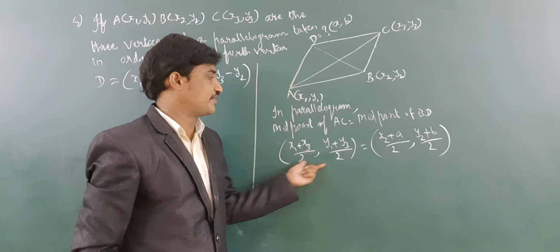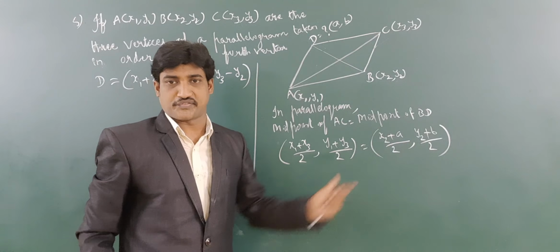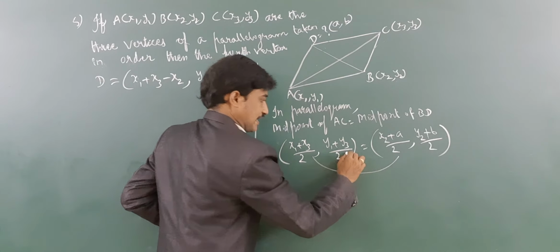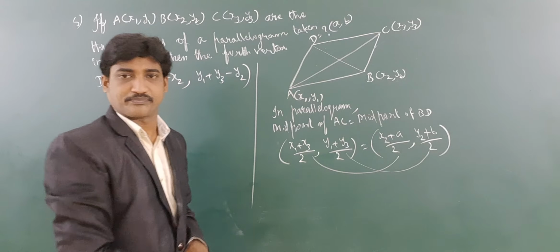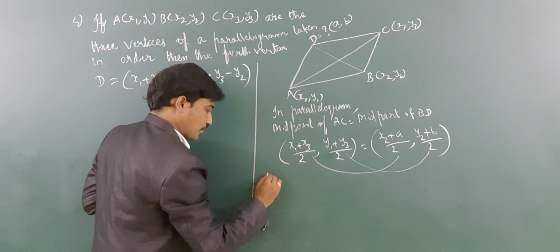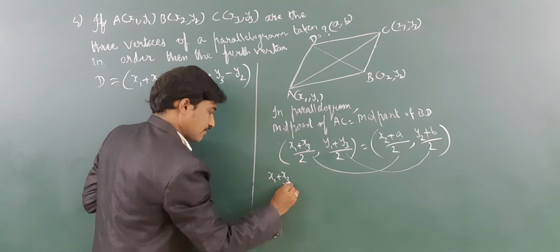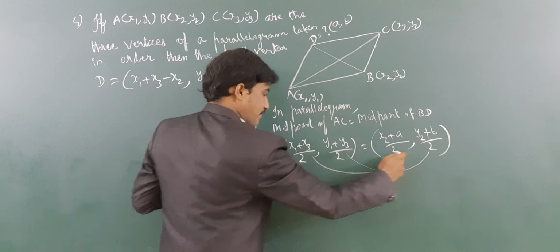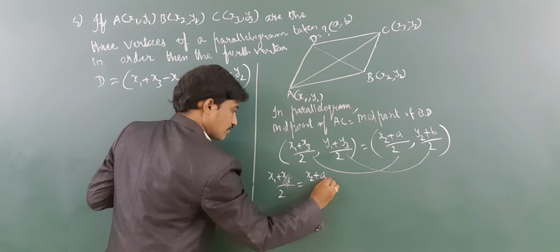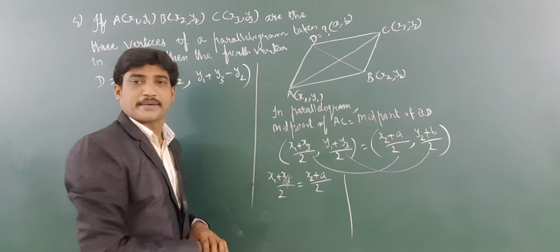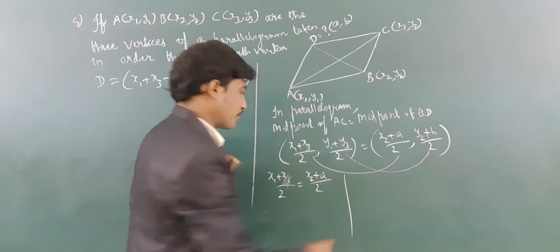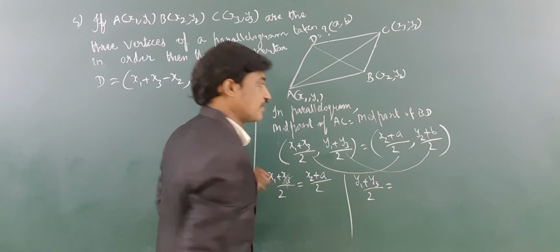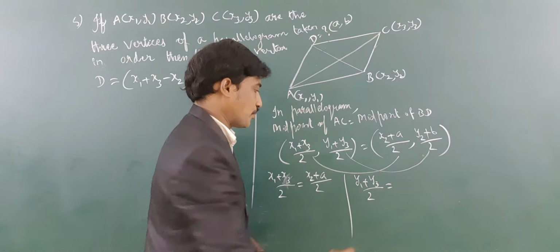Let us equate these two ordered pairs. Equate the first coordinate and first coordinate, second coordinate and second coordinate. So x1 plus x3 by 2 is equal to x2 plus a by 2. On the other hand, y1 plus y3 by 2 is equal to y2 plus b by 2.